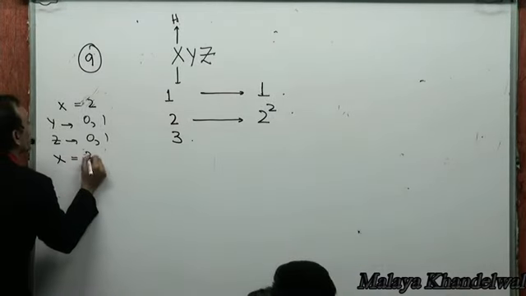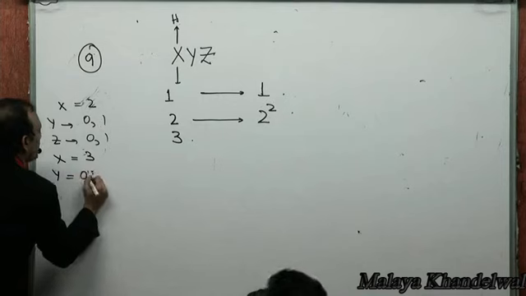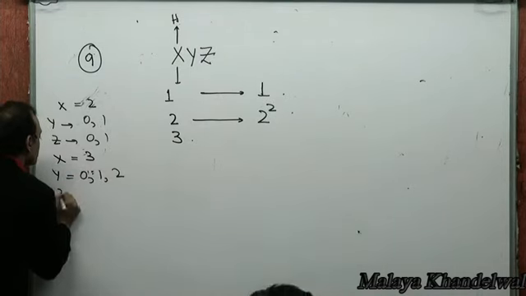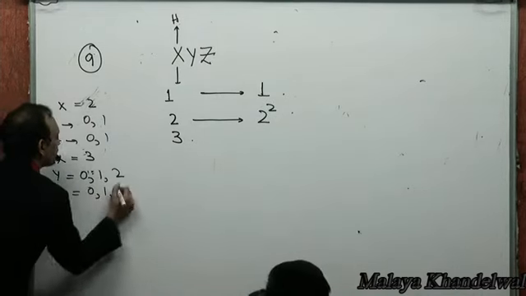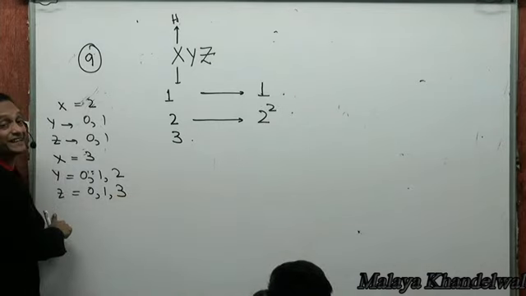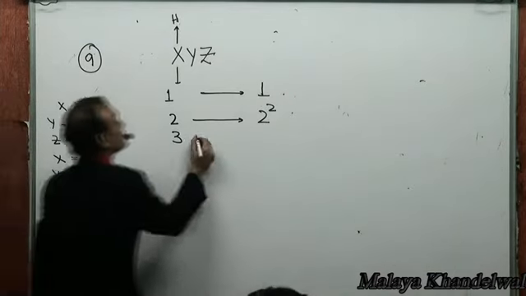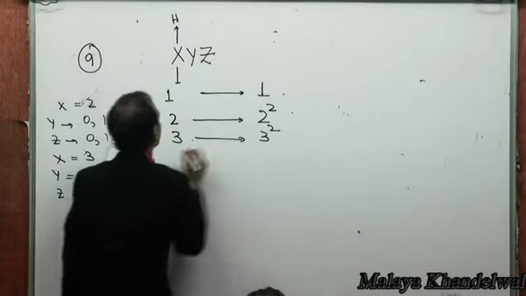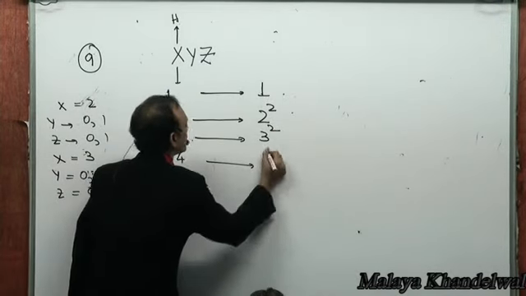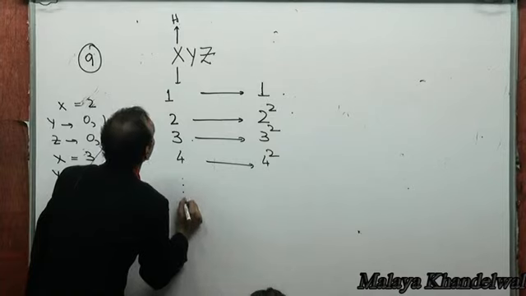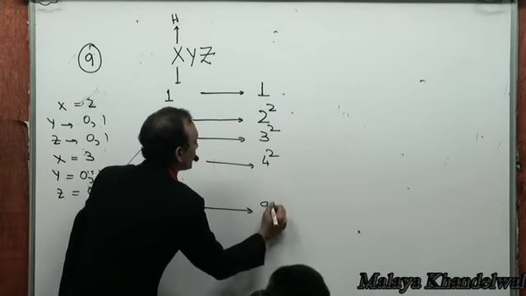If x is 3, then y can be 0, 1, 2, 3 ways. Z can be 0, 1, 2, 3 ways. That means y and z can be selected in 3 squared ways. Similarly, if x is 4, it is 4 squared ways going this way. If x is 9, then there would be 9 squared ways.